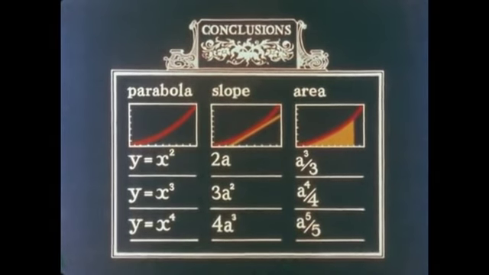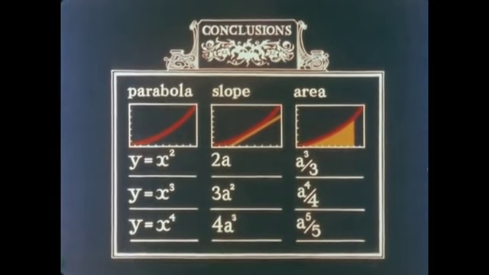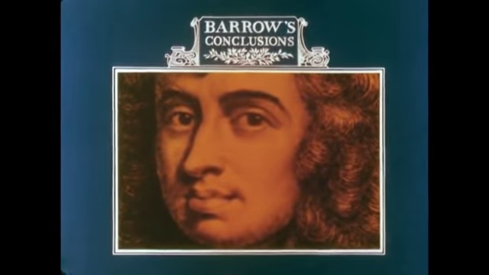Fermat, amongst others, must have noticed an inverse relation between tangents and quadrature. Evidently, the area contained under one parabola is proportional to the slope of the next but one, and vice versa. But Fermat didn't explore this connection in any depth. Perhaps he thought of it as just a coincidence.